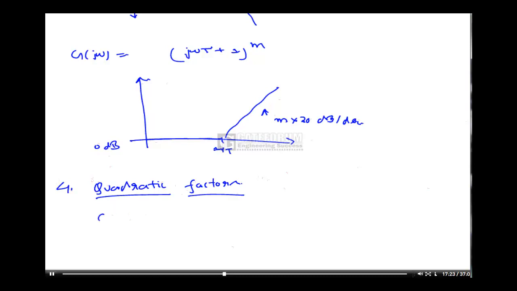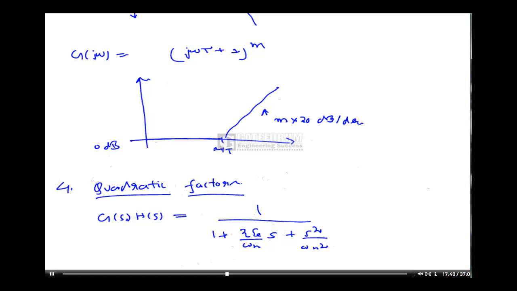In this case, my G(s) H(s) will be 1 by 1 plus 2 zeta omega n s plus s square plus omega n square.